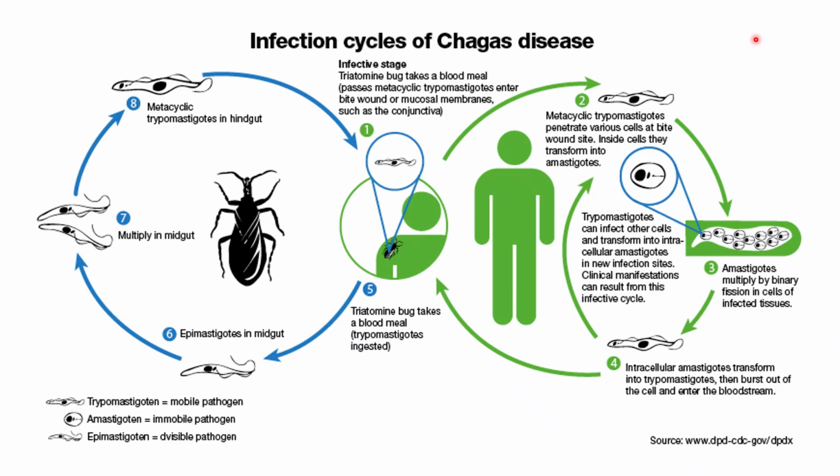This is the life cycle of Chagas disease. The trypanosome usually resides in the kissing bugs, and when these bugs bite humans, the parasite enters the body and invades various cells at the wound site. It transforms into amastigotes and multiplies in the cells, and then they divide, and after that they are released from the cell and transformed back into trypomastigotes before invading other cells.